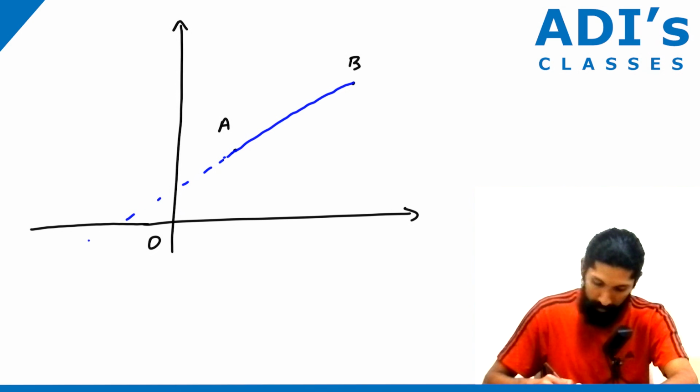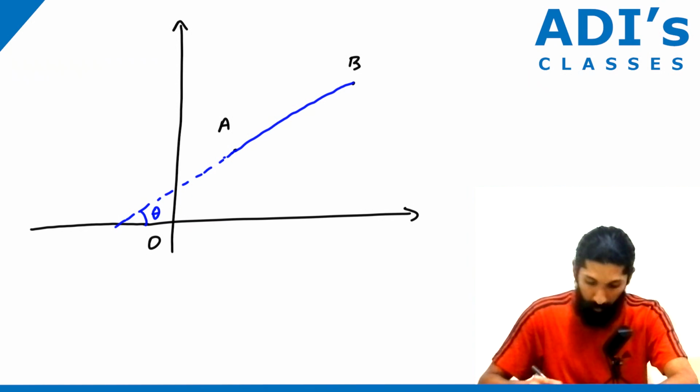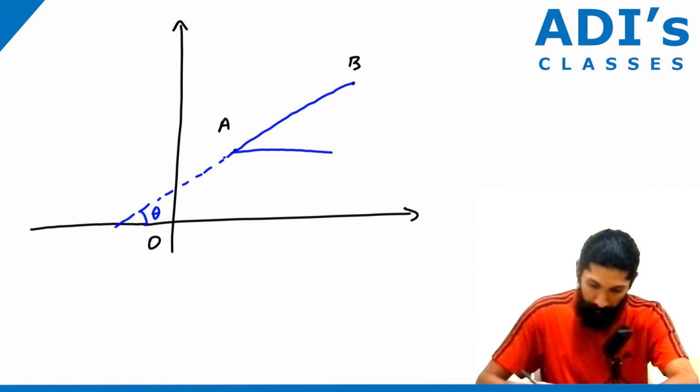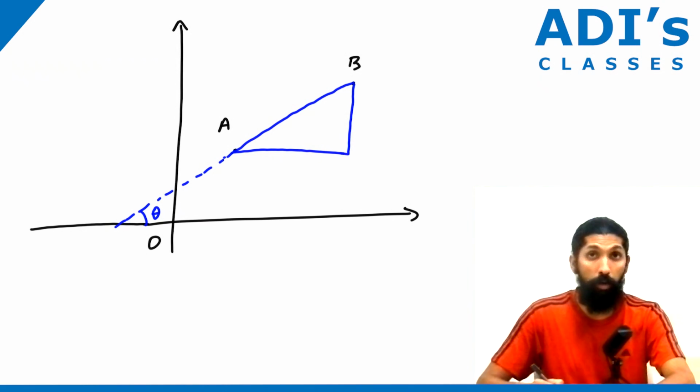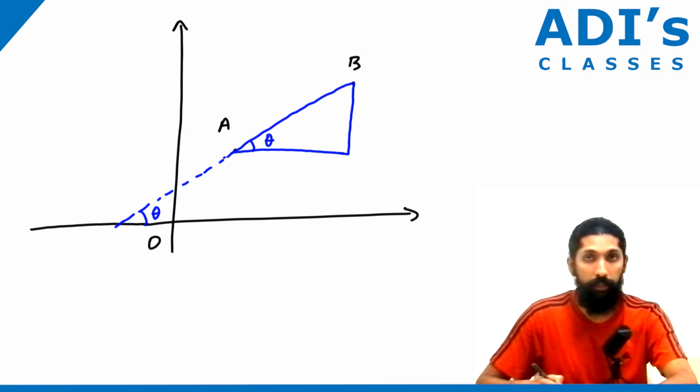When you extend this backwards, this value is theta, correct? Now from A, we draw one line parallel like this. From B, we draw one more line parallel. Parallel to what? The x and y axes. That means even this value will also be theta.